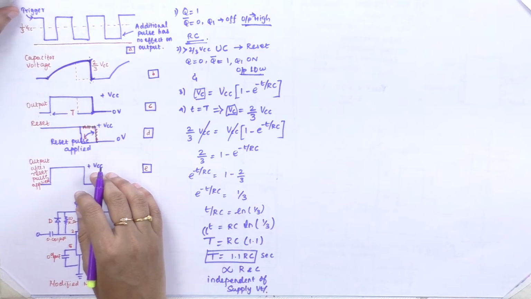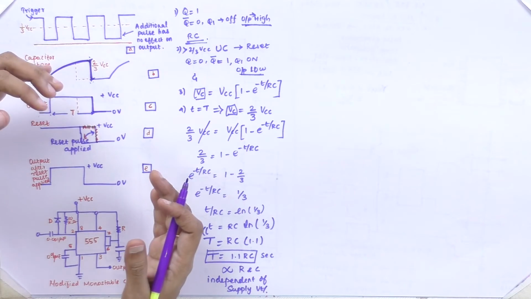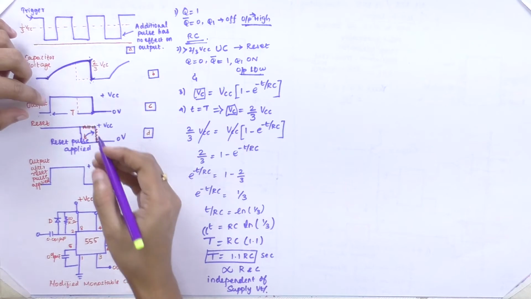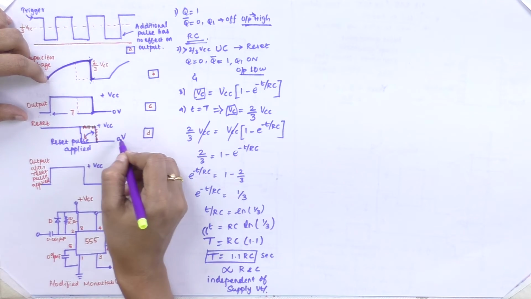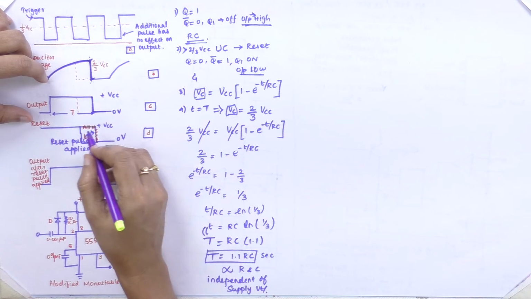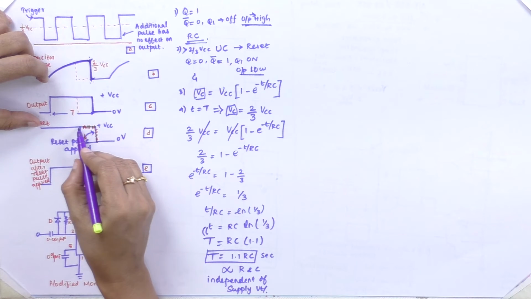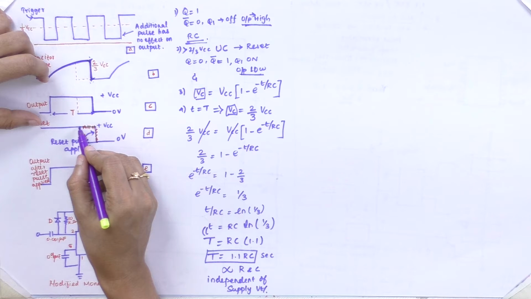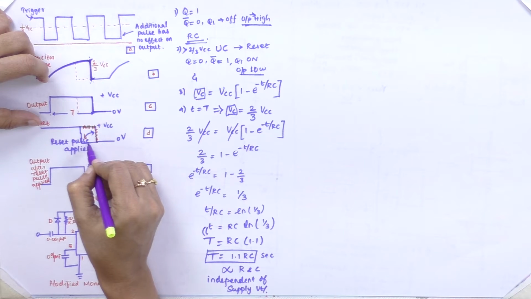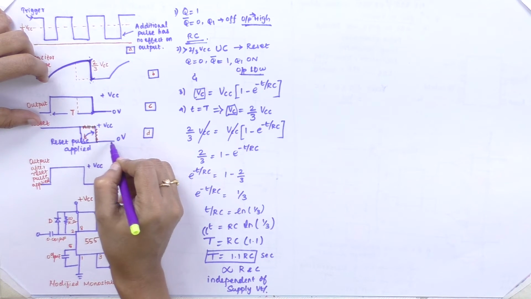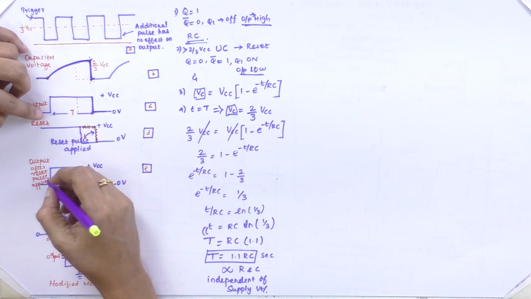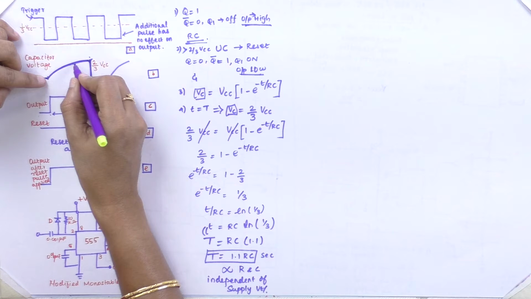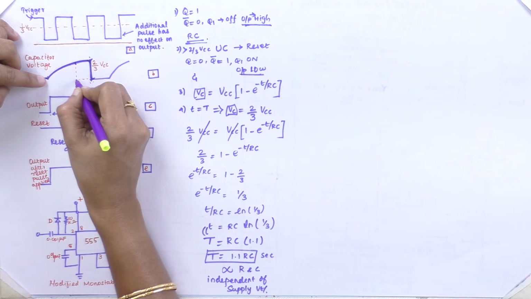So the next condition, once you apply the other trigger pulse, see here, when you apply the negative trigger pulse, then it reaches 0 volt. At this condition, initially it's like a reset and a pulse is applied, then it moves to the negative pulse and reaches 0 volt. So in that condition, once it's applied, your capacitor charges to this extent and it discharges.